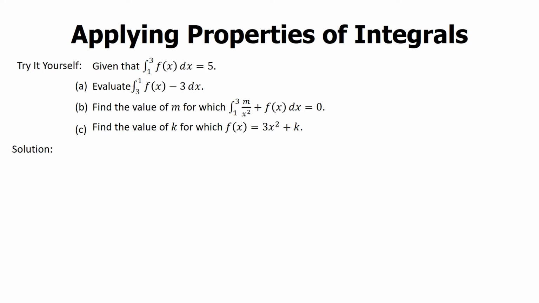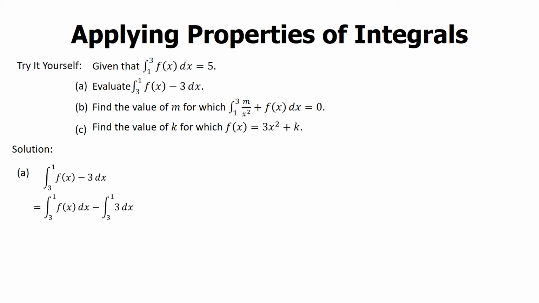Okay, you can pause the video and try to solve it yourself. Here is the solution for A. Given integration from 3 to 1 of f(x) minus 3 dx, we can split this into integrating them differently. So integration from 3 to 1 f(x) dx minus integration from 3 to 1 3 dx.